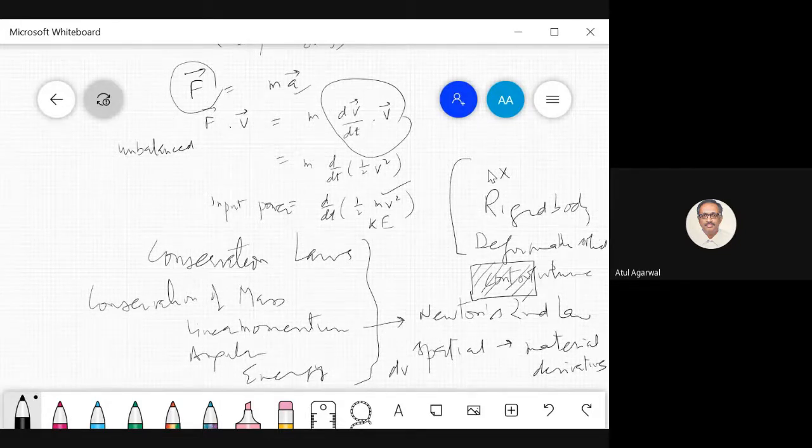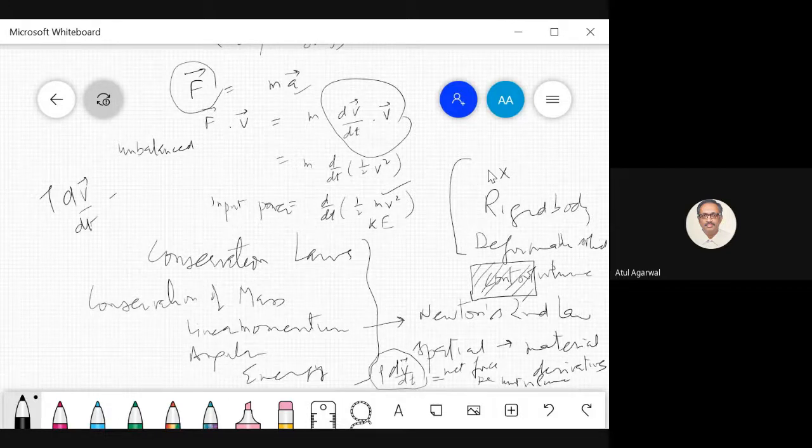So you are given a velocity field in spatial form. What you found? dv by dt. So if you multiply it with rho, this is your net force per unit volume. Can you see that? Force is mass into acceleration, so per unit volume it is rho, density, into acceleration. Now this has to be equal to unbalanced force.